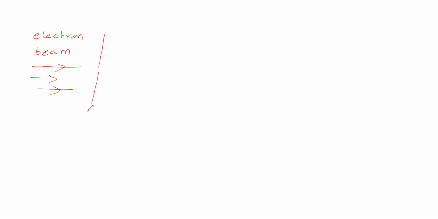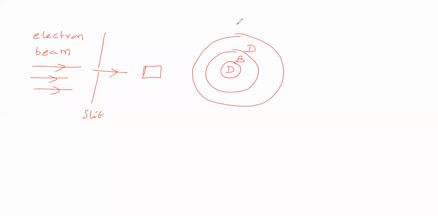It is passed through the slit. So the electron beam comes like this. Then you keep the metal here for which we want to take the diffraction experiment. We have taken a metal crystal in fine powder form. The electron beam is allowed to bombard this metal crystal, and it undergoes diffraction. The diffraction pattern is obtained: first circle dark, next bright, next dark, next bright, and so on.